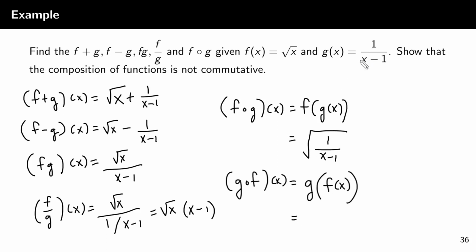Yung x dito, papalitan ko ng square root of x. So, 1 over square root of x minus 1. And obviously, we produced different functions. So, therefore, f of g is not equal to g of f. So, indeed, hindi nga commutative ang composition of functions.